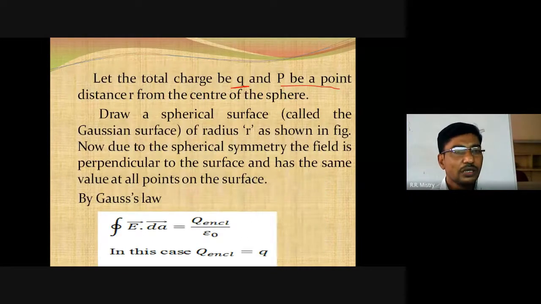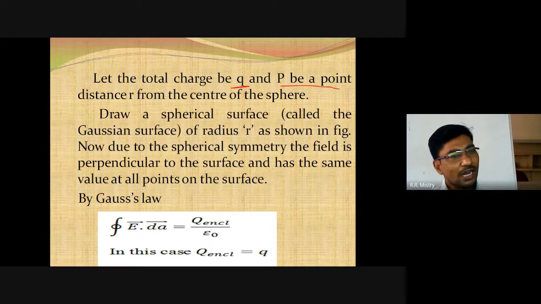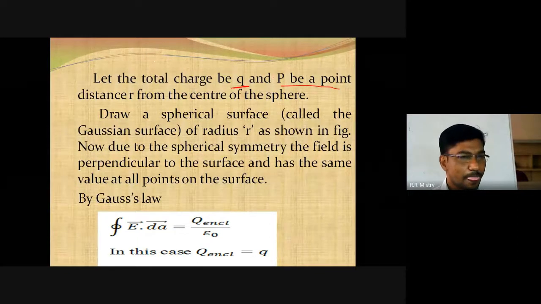Now draw a spherical surface called the Gaussian surface. That is an imaginary concept, an imaginary surface, called Gaussian surface of radius small r as shown in the figure.